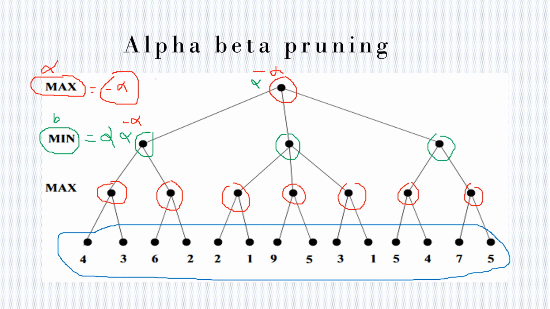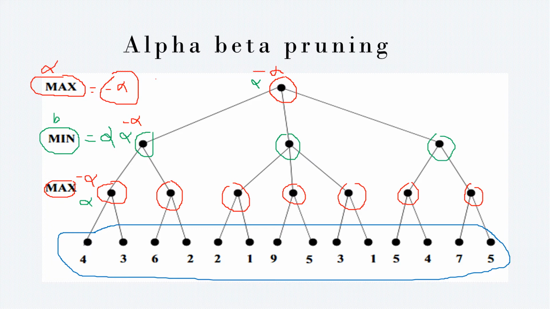And at this node, alpha will again have negative infinity, and beta will have positive infinity. So this node belongs to Max. Now Max will try to maximize the value which it has. By default Max has a value of minus infinity.